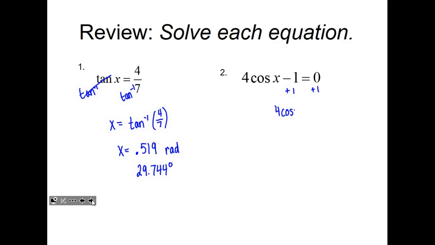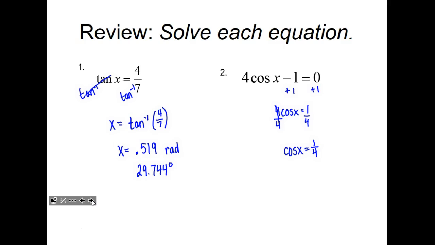So I get 4 cosine x equals 1, and then I divide by 4, just like you were solving a regular equation for x, right? So cosine x equals 1/4. And then I have to solve that for x.